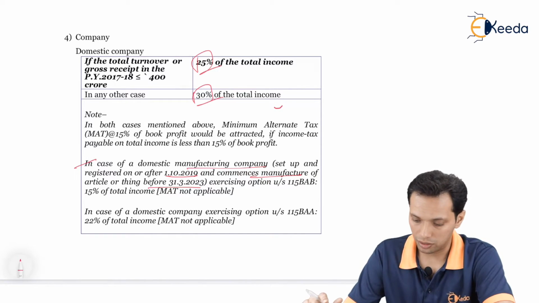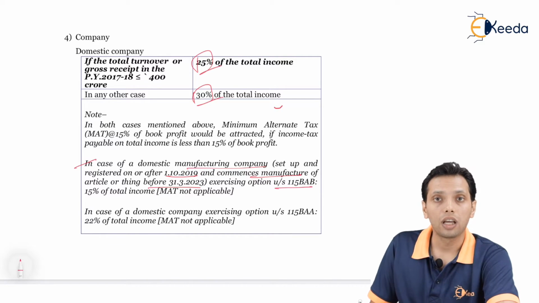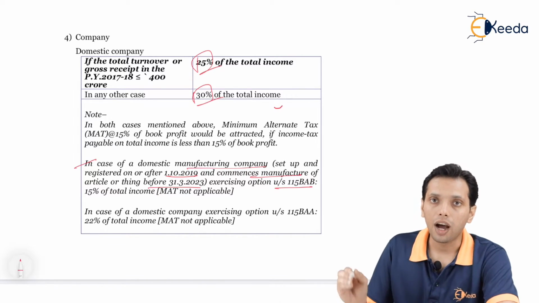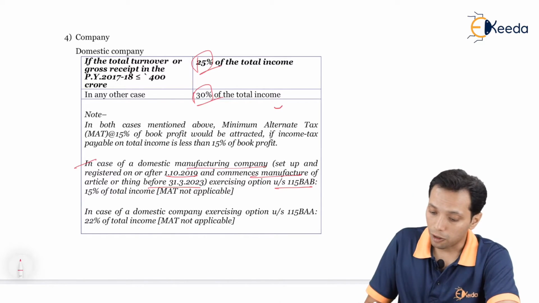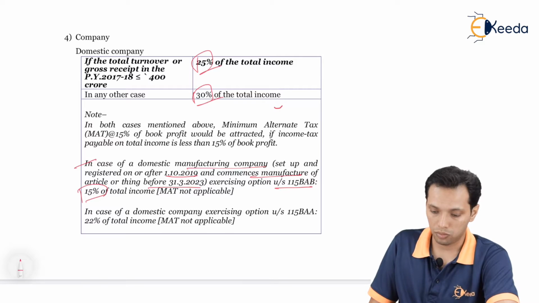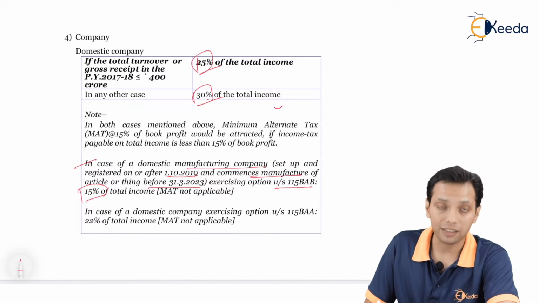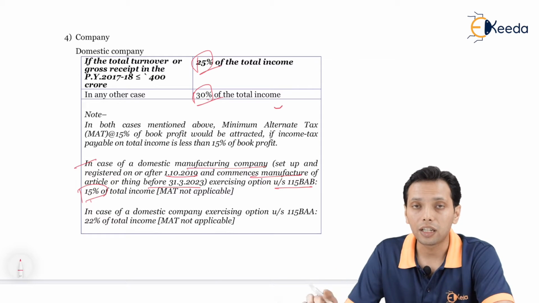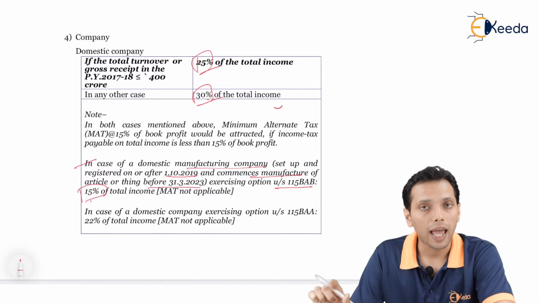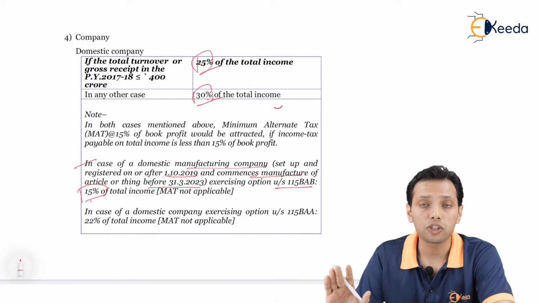If this condition is satisfied, then there is an option of exercising a beneficial rate under section 115BAB, which is 15% of total income. So in sharp contrast to 30%, it will be taxed at a beneficial rate of 15% for a domestic manufacturing company which is set up after 1st of October and production has been commenced before 31st of March 2023.